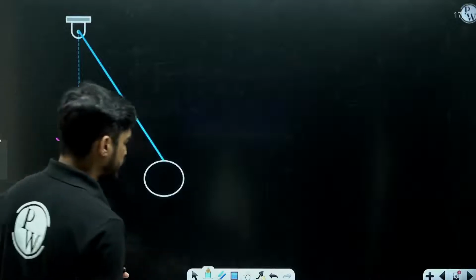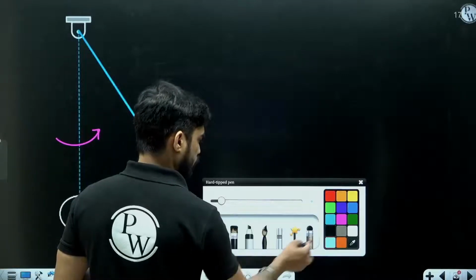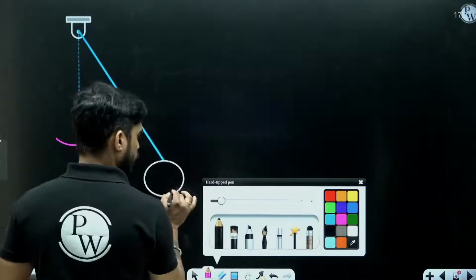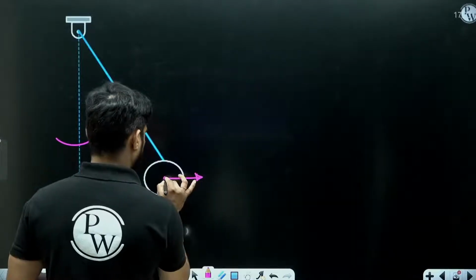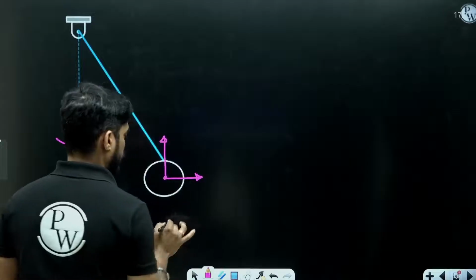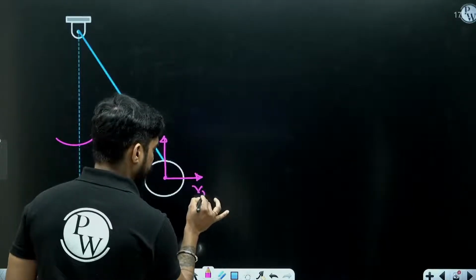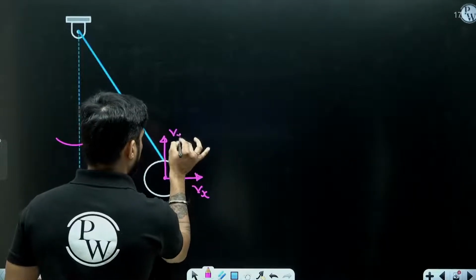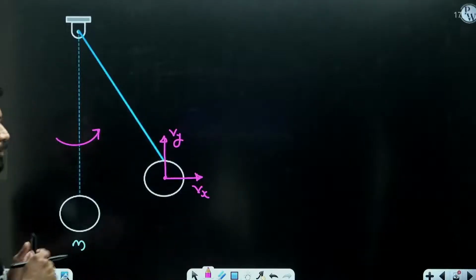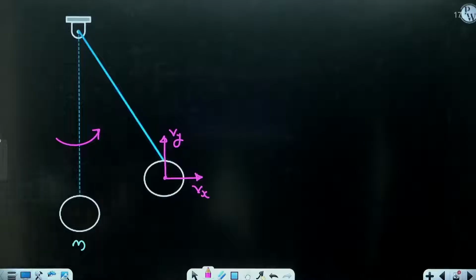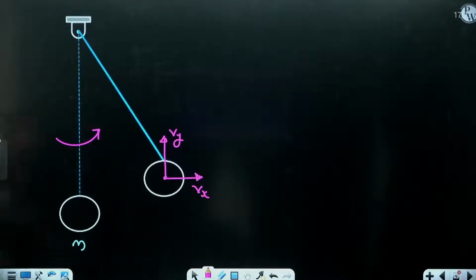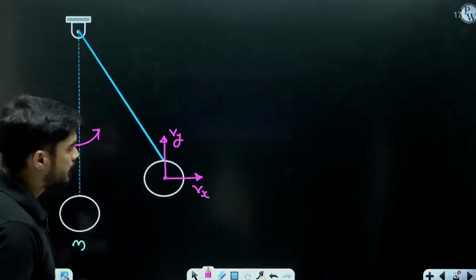For example, let's say this is the velocity in X, this is the velocity in Y. So the mass m has velocity in X as well as velocity in Y. This is one method.